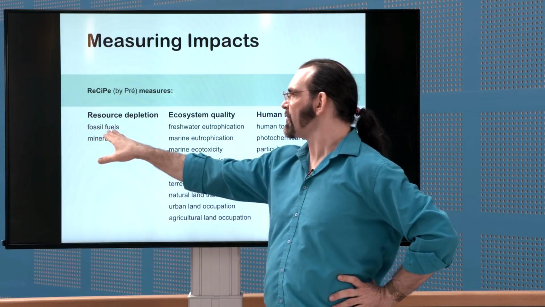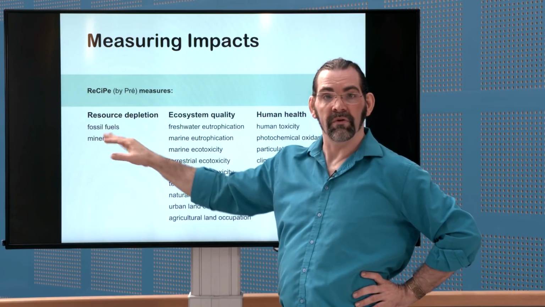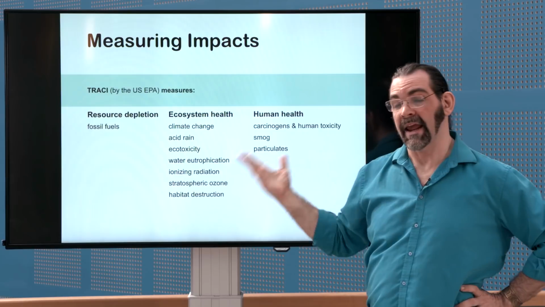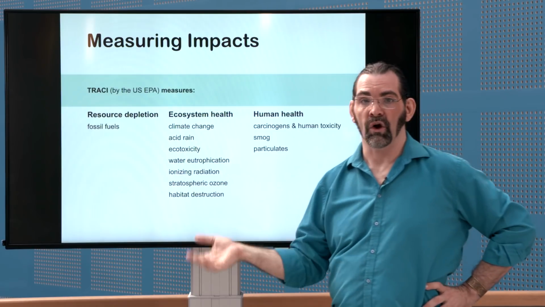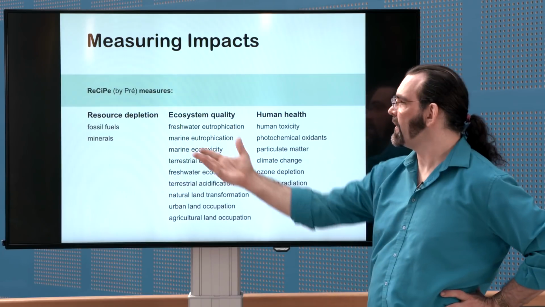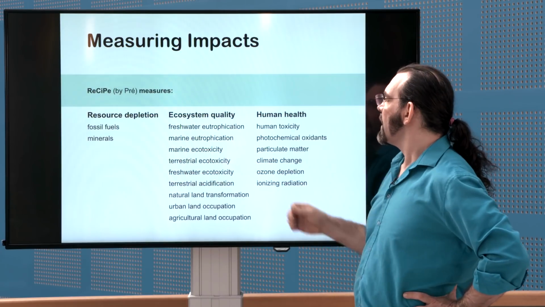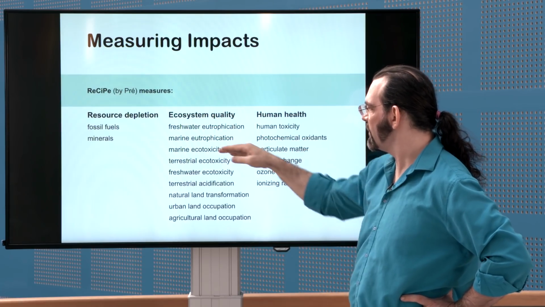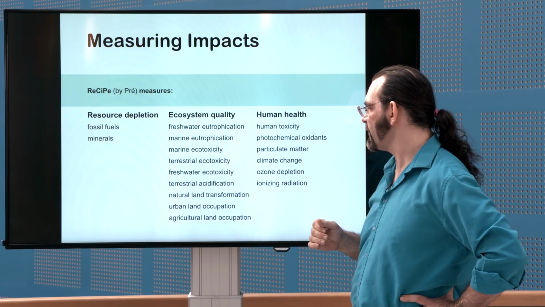It also measures mineral depletion, not just fossil fuel depletion. So this system here can't tell the difference between mining gold and mining iron, whereas this system can. And it has 2 different measurements for eutrophication, 3 different measurements for ecotoxicity.